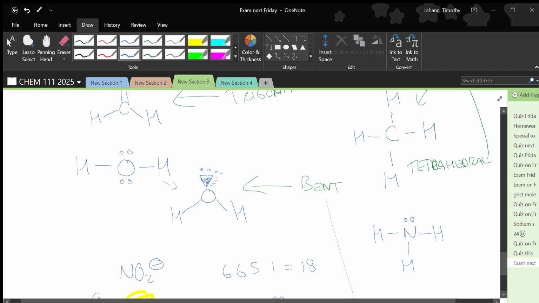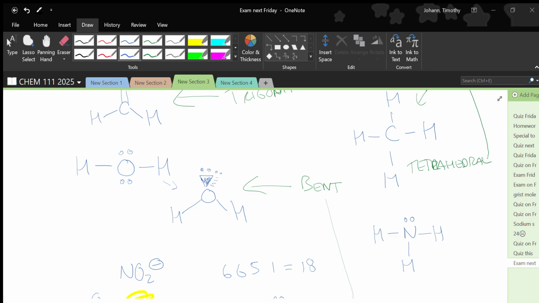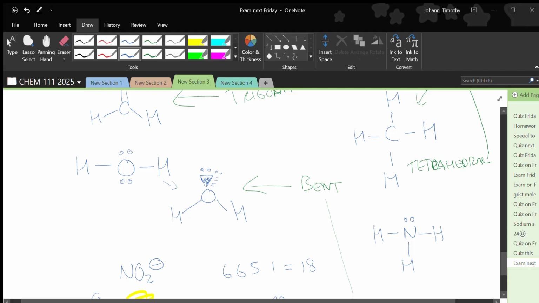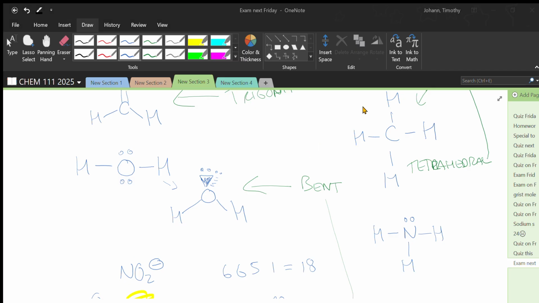How many electron groups around that? 4. So the base shape is tetrahedral, except they're not all atoms, so we're going to have another name for it. Let's go back, and I think there's an example on that page I was on. There it is, ammonia.